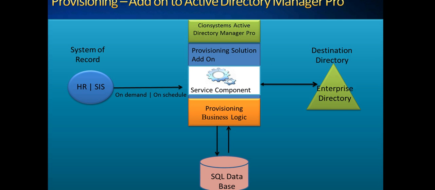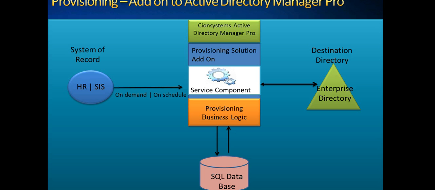It's an add-on product to Active Directory Manager Pro. From the system of record, that is your human resource database or student information system, it accepts a CSV file. It has connectors from where the CSV files are generated on a daily basis and fed into the provisioning engine.